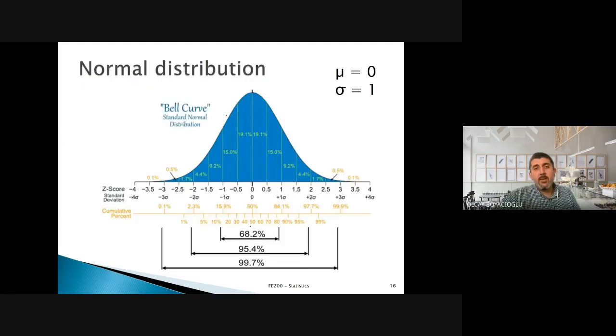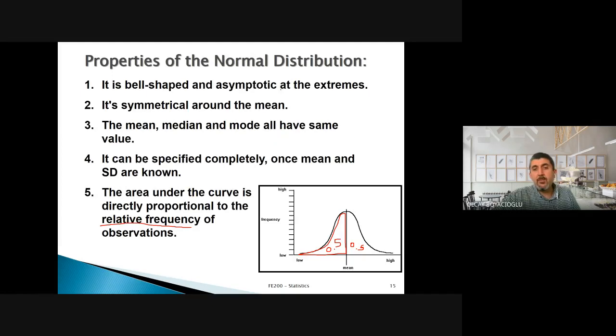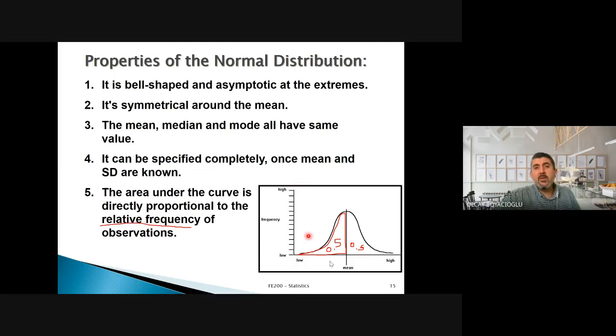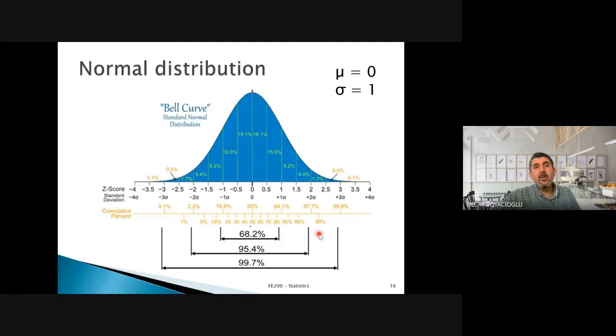Okay, this is another representation of the bell curve or standard normal distribution or Z distribution, whichever you call. This is just a normal distribution, okay? And this is a standard normal distribution, the Z distribution.